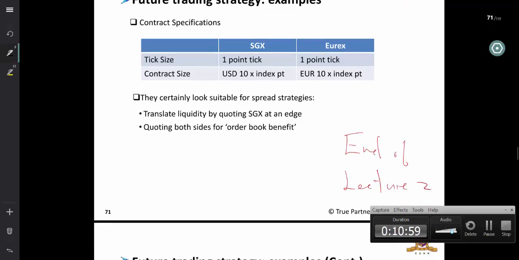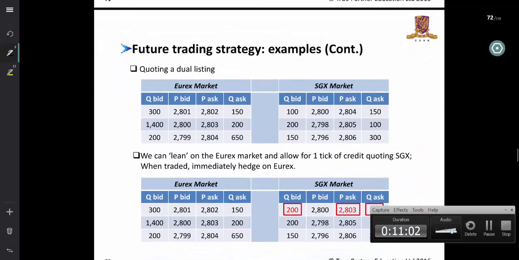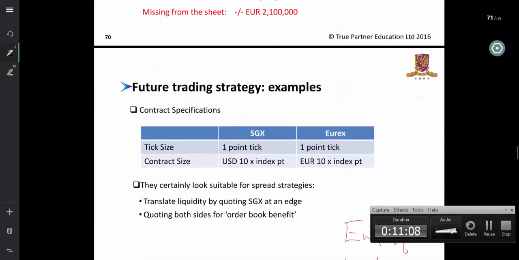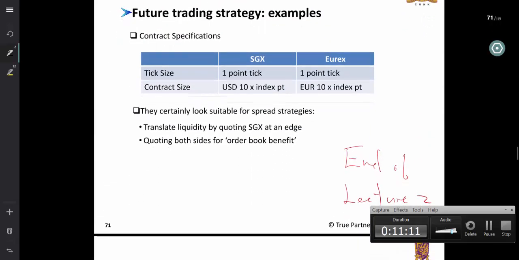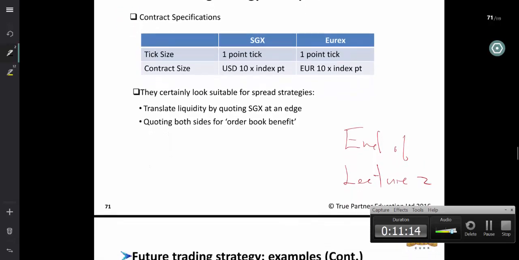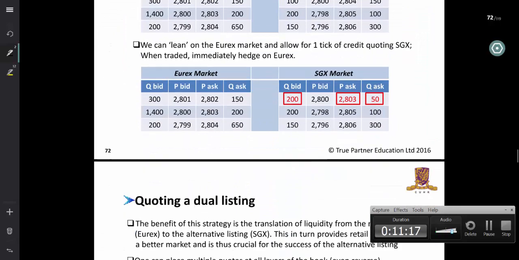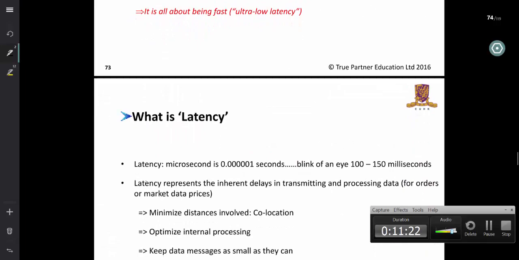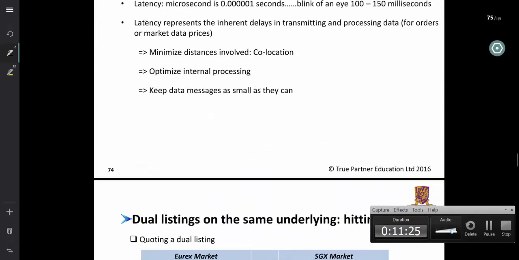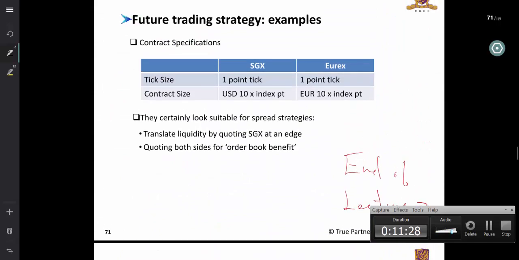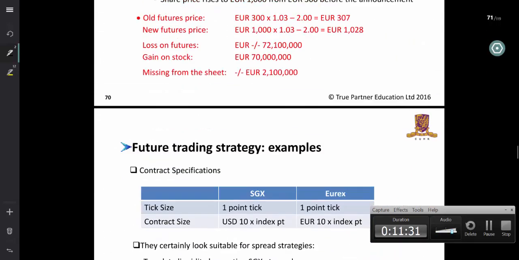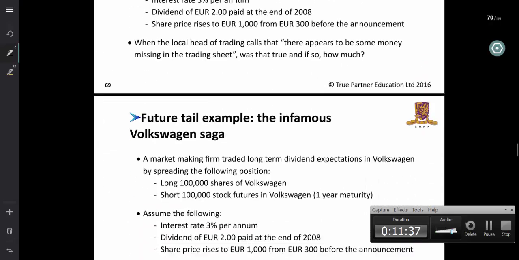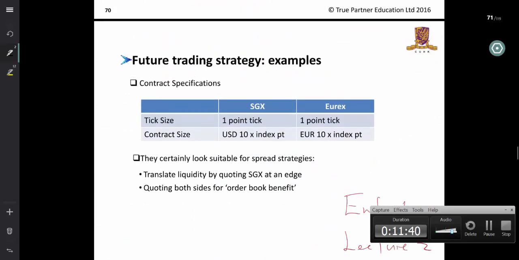What's the underlying again? The Euro Stoxx 50. Anyway, there is a contract where there is what we call a main market. It doesn't say what this is. Anyway, I just assume it's the Euro Stoxx 50.